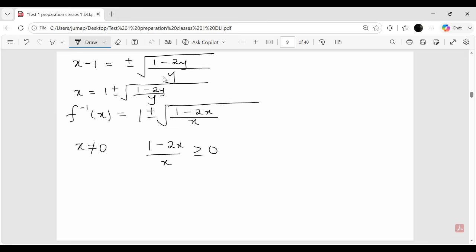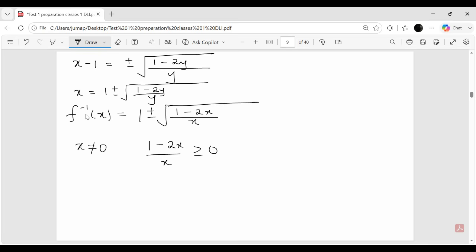After doing this, I said that x must be equal to 1 plus, because the 1 now will come this side. It's going to be positive because I'm trying to make x the subject of the formula. So it's going to be 1 plus or minus the square root of (1 minus 2y) over y.